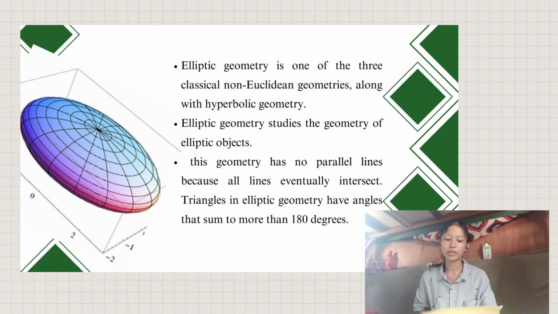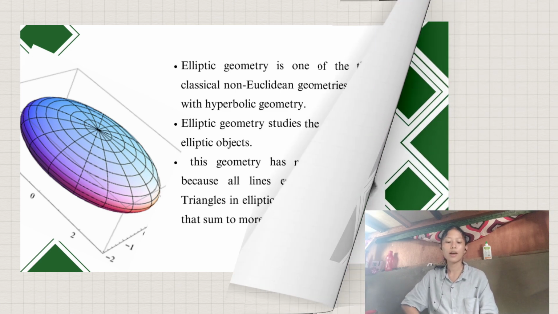Triangles in elliptic geometry have angles that sum to more than 180 degrees. The measure of the triangle must be more than 180 degrees.